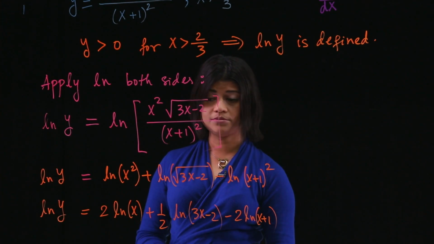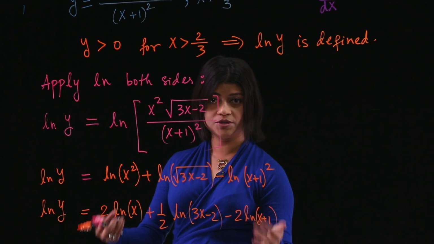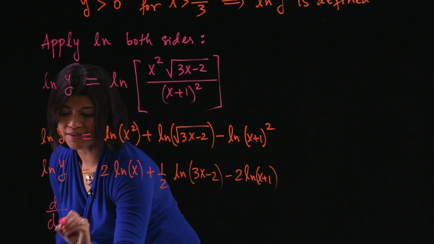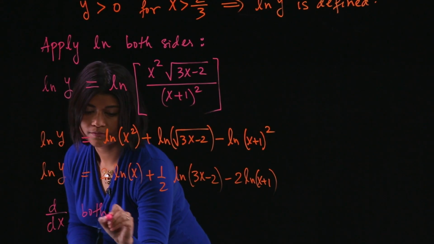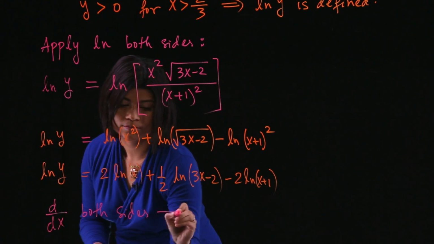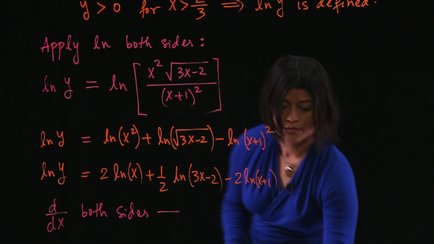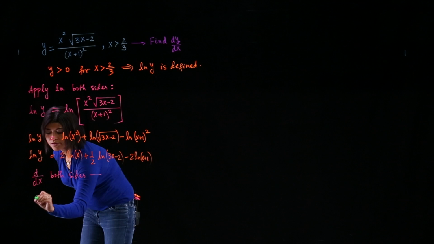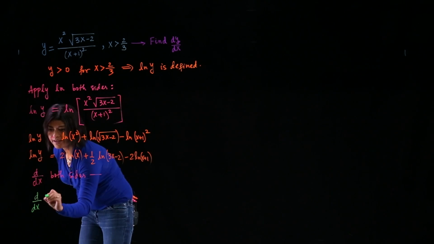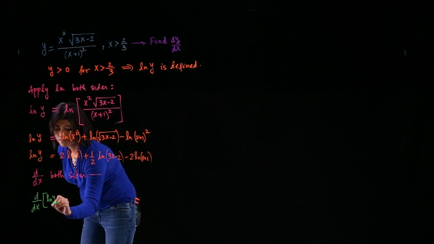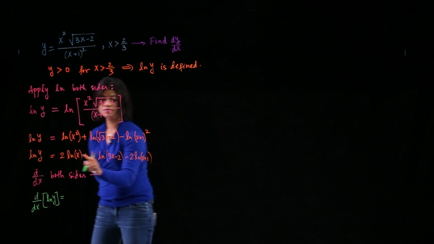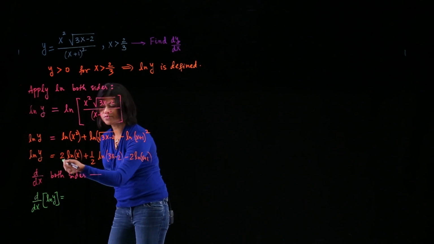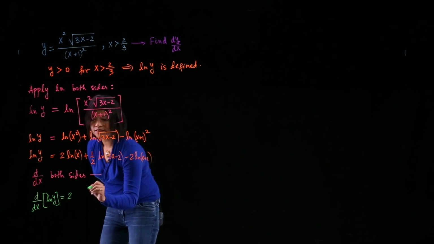Okay, now we have to compute the derivative. So we do d/dx both sides. Left hand side we have d/dx of ln y, which is equal to, you can take the derivative of each term separately, and since the constants will come out, let's just take them out already.